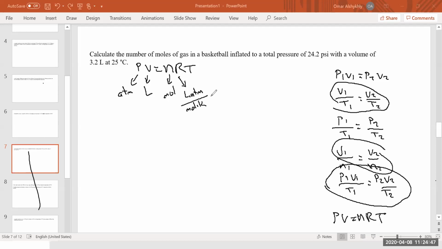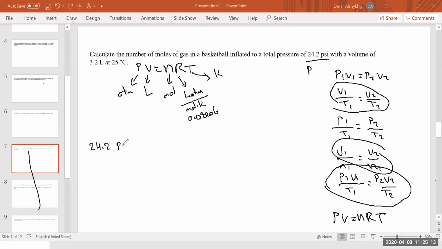By the way, R has a different number according to the unit, but here we will use 0.08206. Temperature always in Kelvin. Now, if you notice the pressure here, it is not in atmosphere. So the first step, we need to convert the psi to atmosphere.